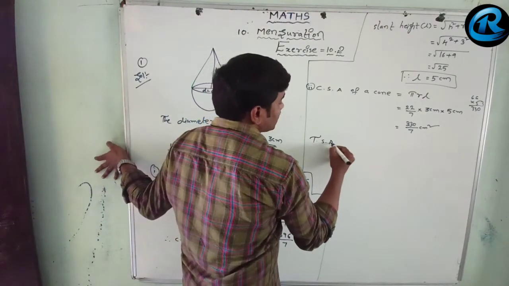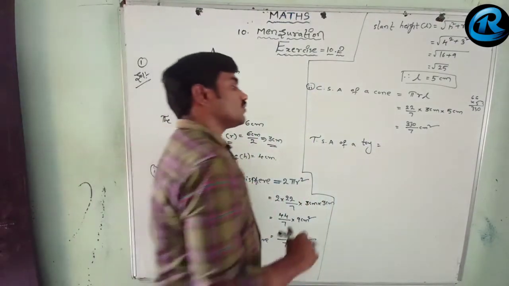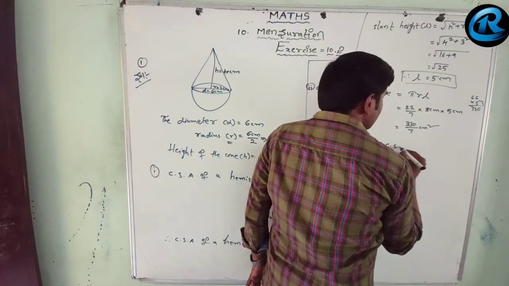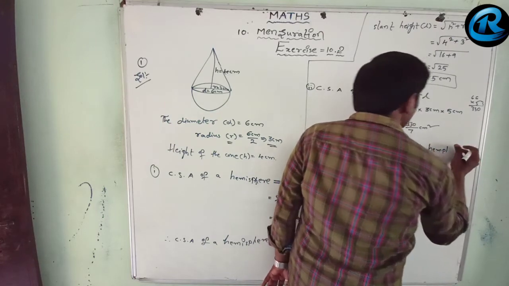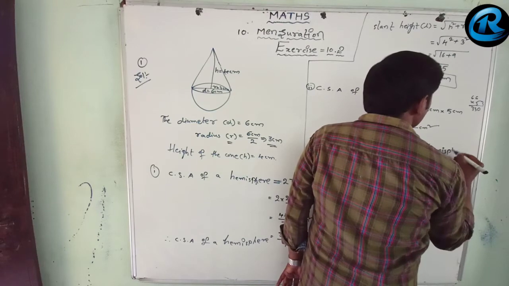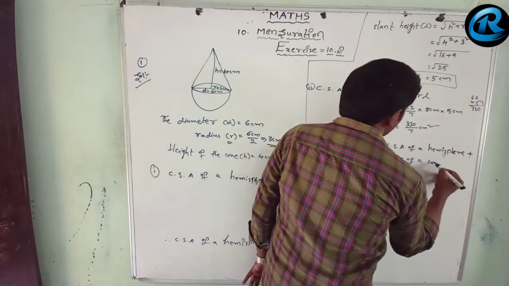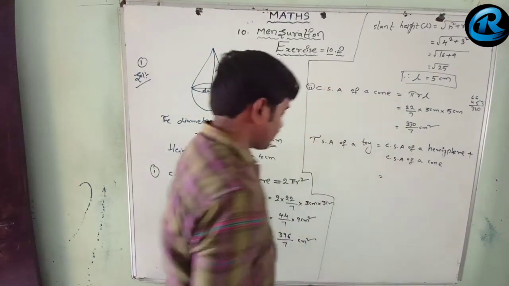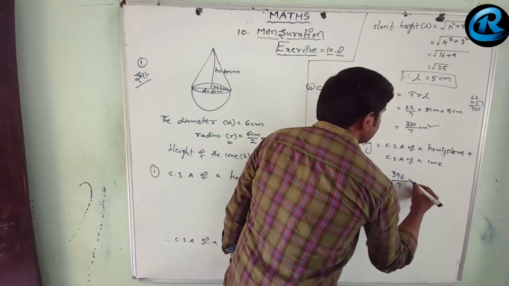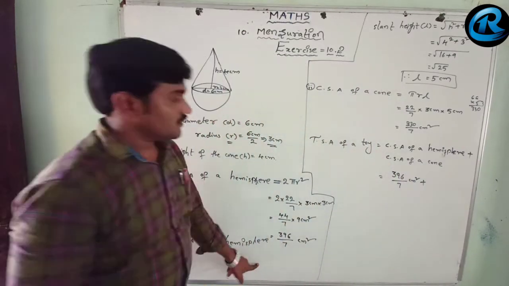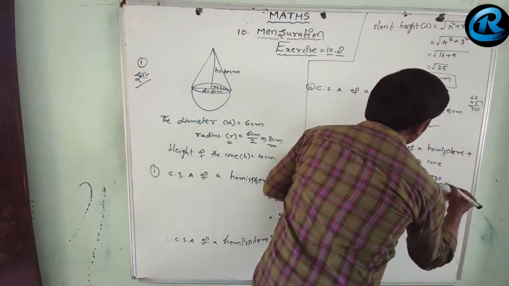So the total surface area of the toy, the toy in this figure, equals the curved surface area of the hemisphere plus the curved surface area of the cone. The curved surface area of the hemisphere we got is 396 by 7 centimeter square plus the curved surface area of the cone is 330 by 7 centimeter square.